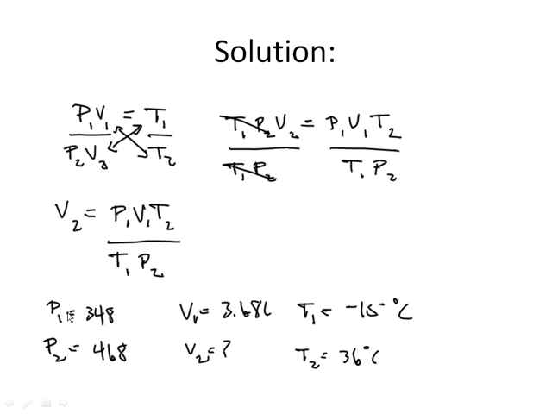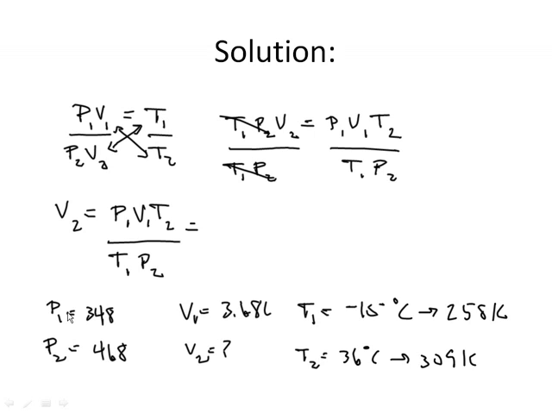So I need to change my Celsius to Kelvin by adding 273. So 273 minus 15 gives me 258 Kelvin. And 36 plus 273 gives me 309 Kelvin. And now I'm ready to just plug everything in.